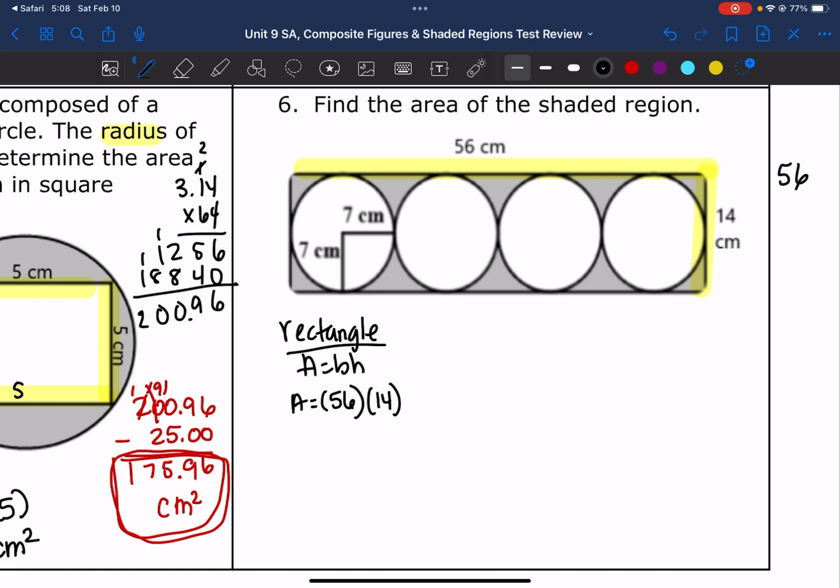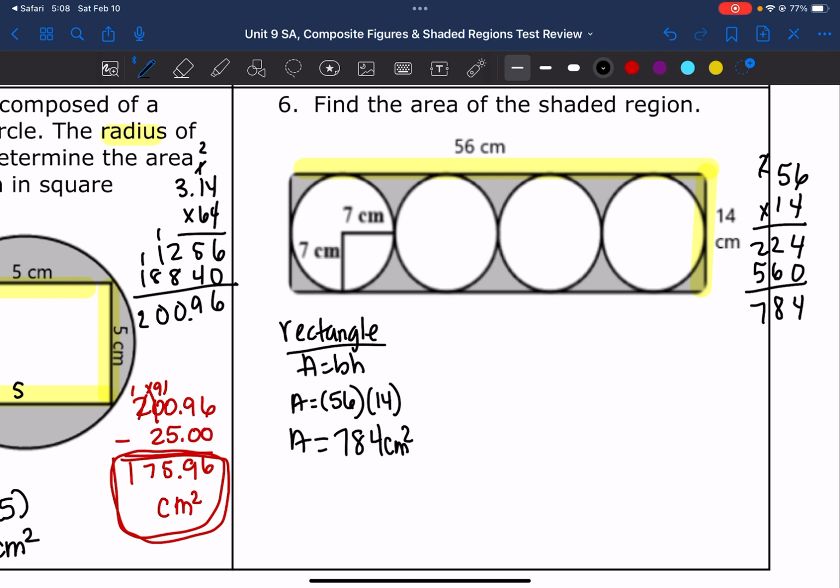I'm going to multiply this over here on the side. 6 times 4 is 24, 5 times 4 is 20, plus 2 is 22, 0 here, 6, and then 5, so I get 4, 6, 7, 8, 5, 6, 7. So the rectangle that we have has an area of 784 centimeters squared, okay?